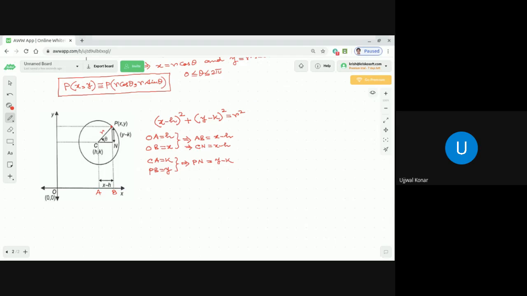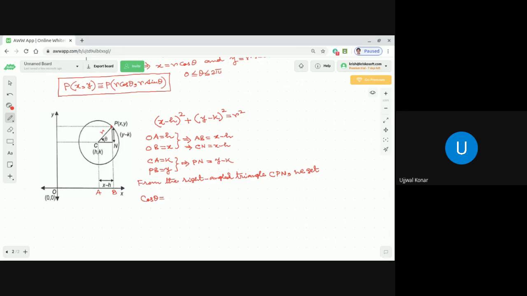Now consider the right angle triangle CPN. From the right angle triangle CPN, we are going to get cos theta equal to, where theta is the angle, I should also define what theta is.